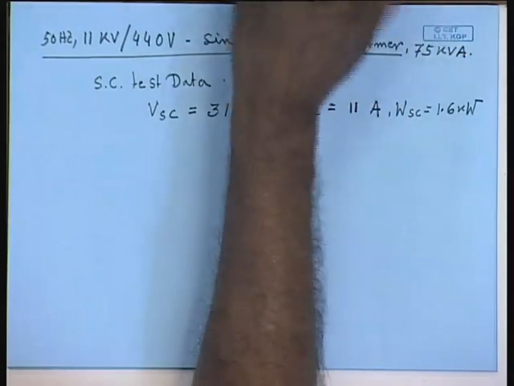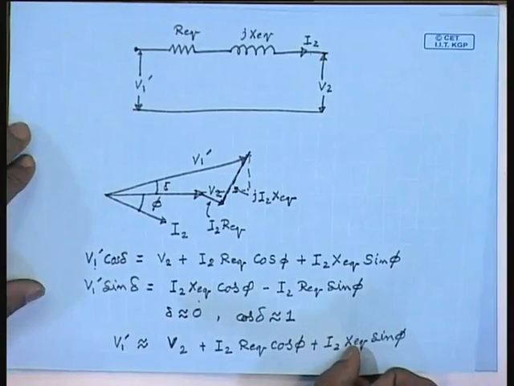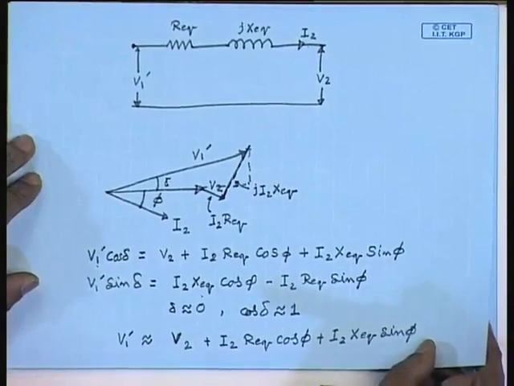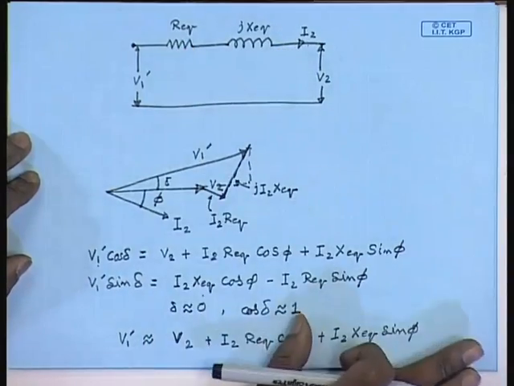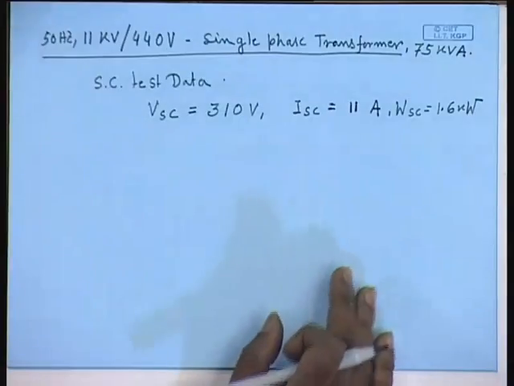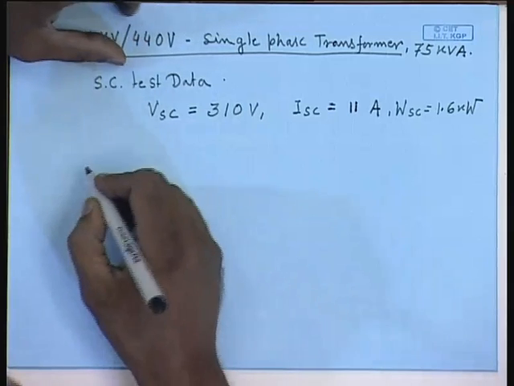In order to find out percentage regulation, we need the series equivalent resistance and the reactance. These are obtained as follows.